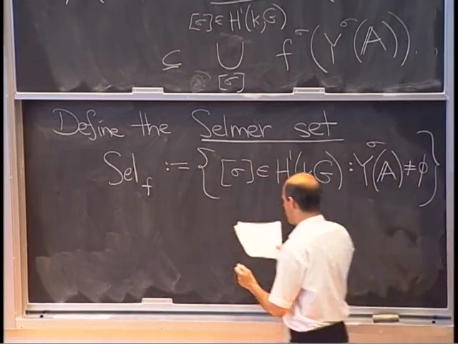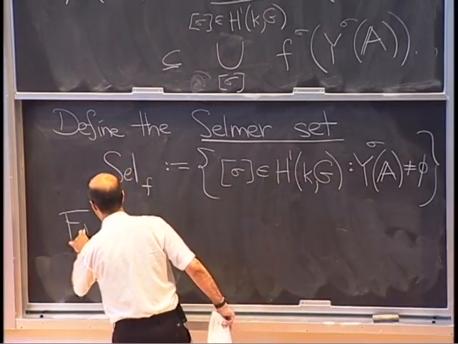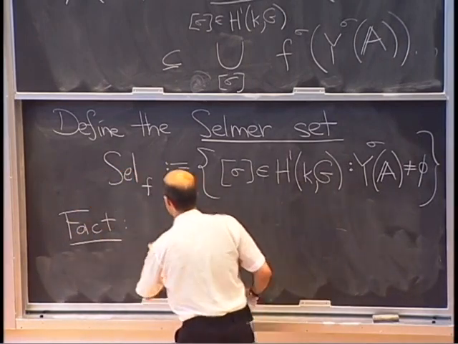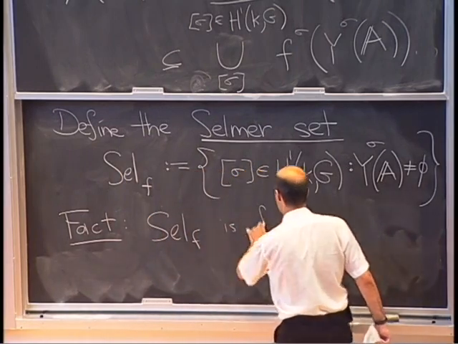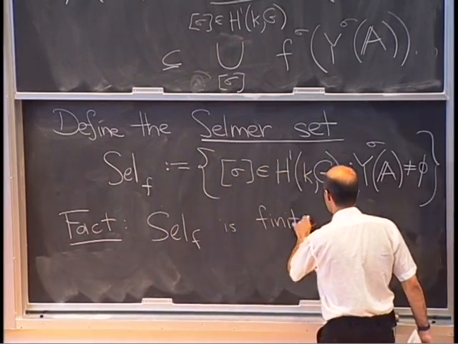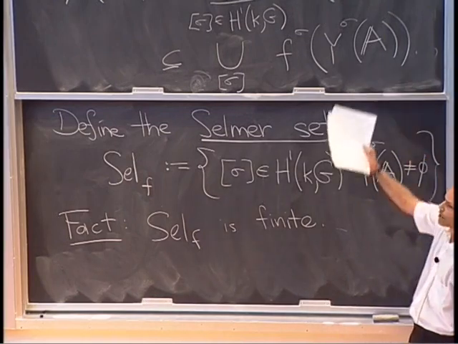You can compare this with the classical Selmer sets. And then the theorem is that in this setup, this set is always finite. And so you really get a finite partition of the rational points.